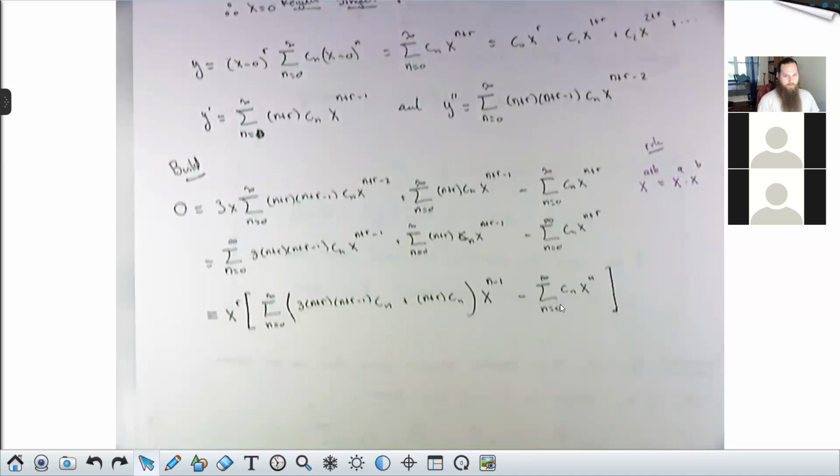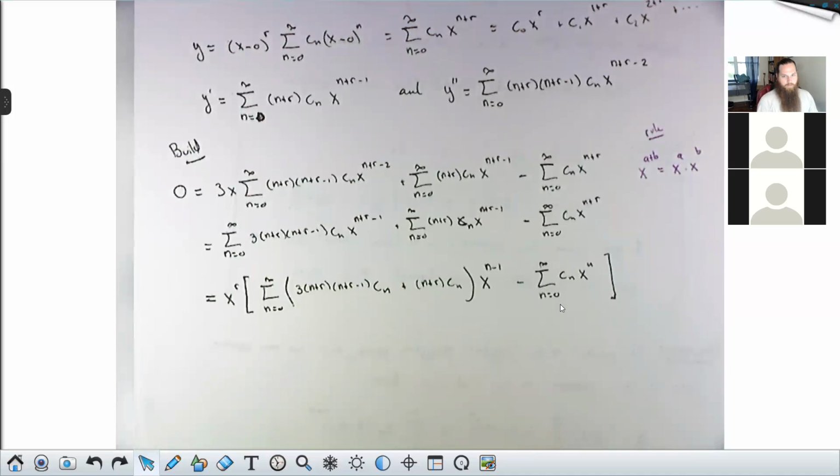So take a second, doing quite a bit here. Make sure you can see where everything is going and coming from. These terms go here. These terms go here. I factored x to the r out from all three series. That's out here.